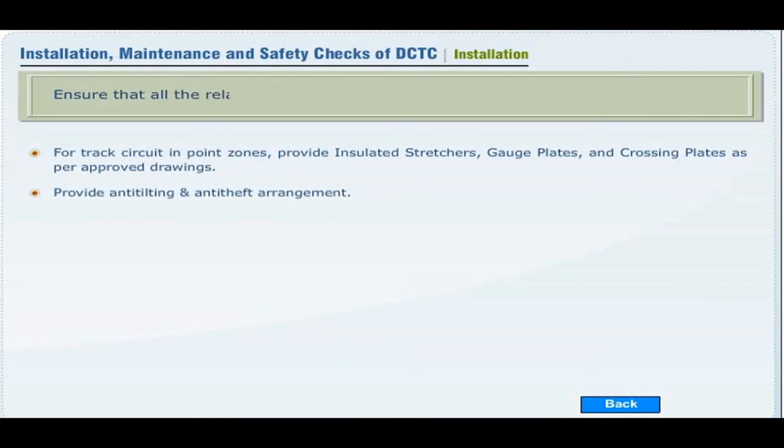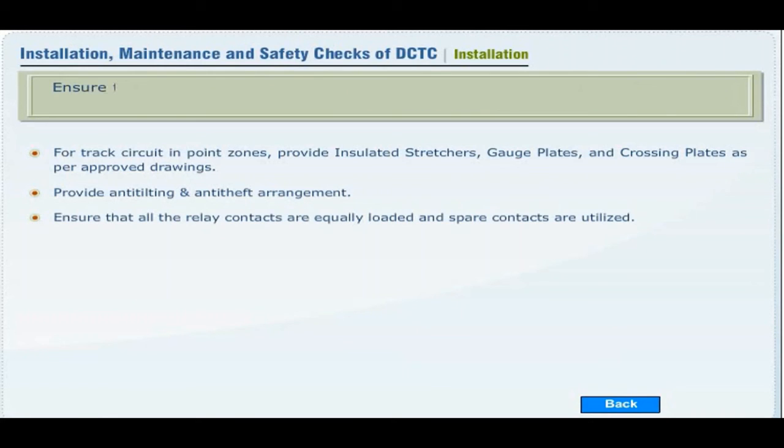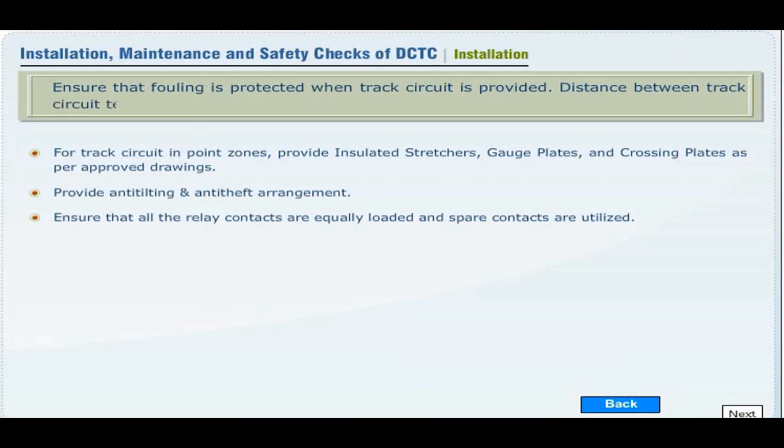Ensure that all the relay contacts are equally loaded and spare contacts are utilized. Ensure that fouling is protected when track circuit is provided. Distance between track circuit termination and fouling mark shall not be less than 3 meters.